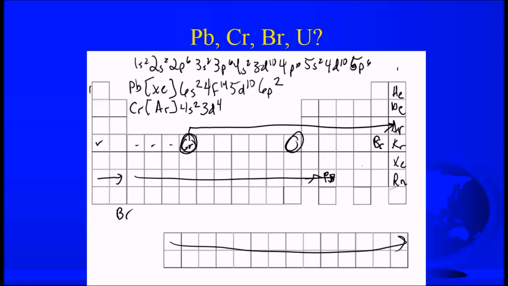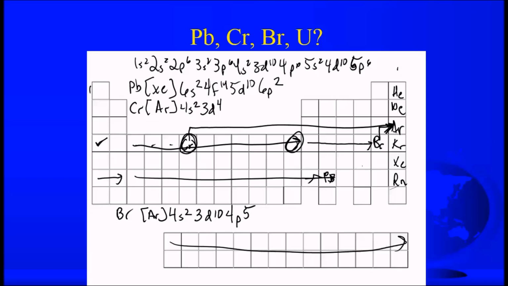So, Benny, up and over. What do we begin with? So Ar. Yes. 4s2. Yes. And 3d10. Yes. 4p5. Yes. Benny, nice.